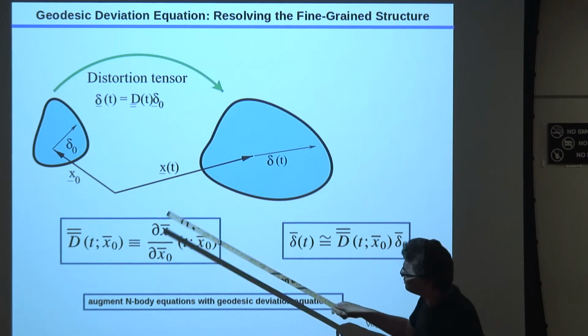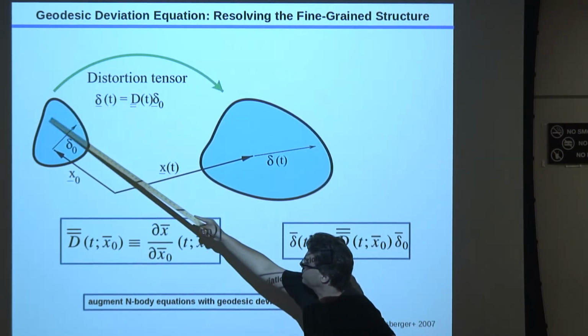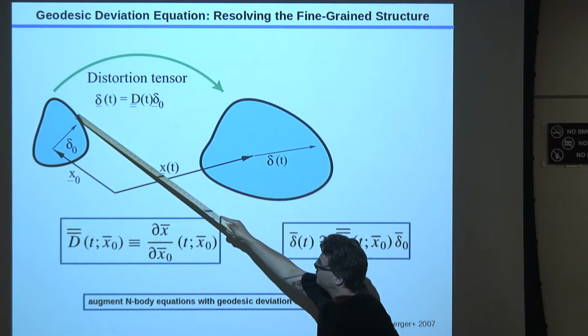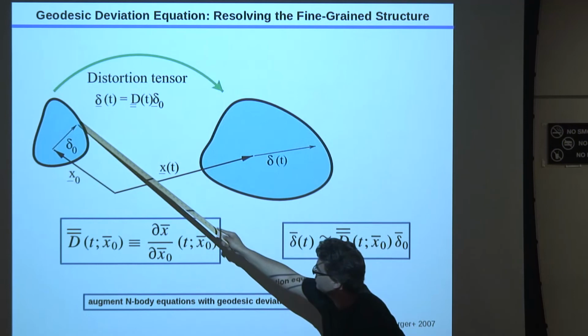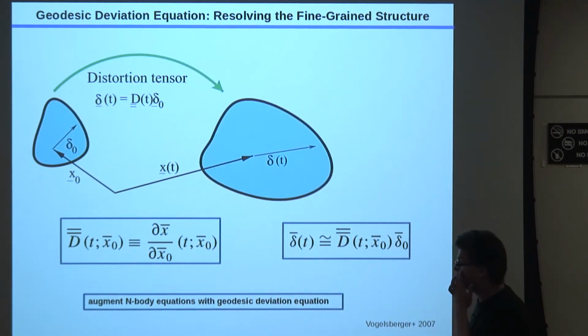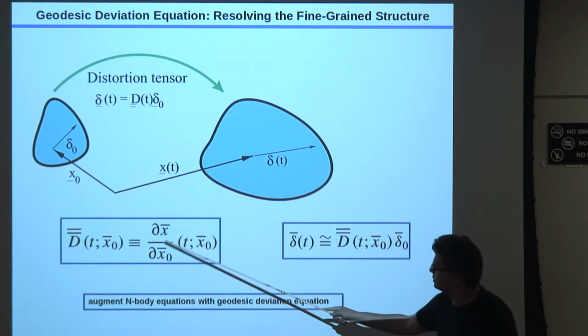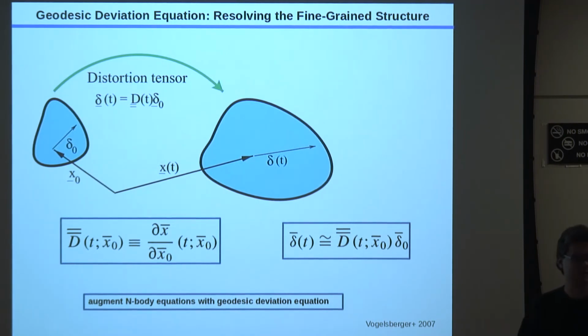What we then did was add some additional information so that we could also trace the volume evolution in phase space, of this piece of phase space here, how that would evolve. For that, essentially you have to solve another equation, which involves this distortion tensor here. And if you couple this equation to your N-body methods, you can then resolve the fine-grained structure.